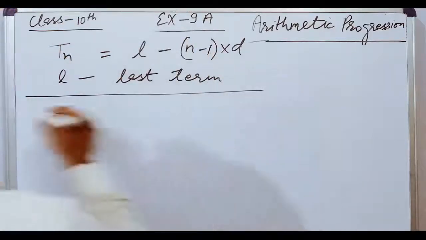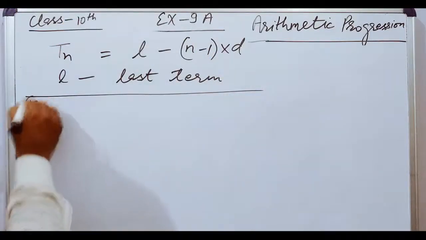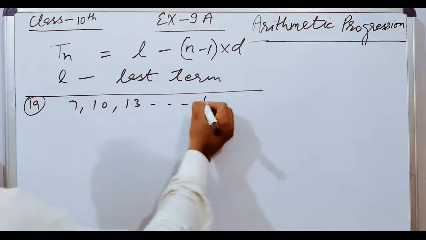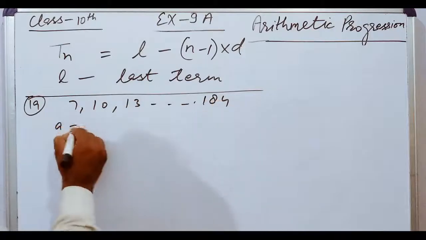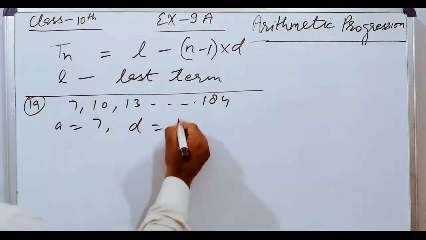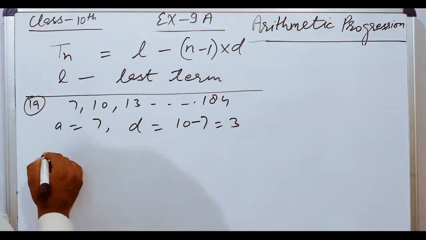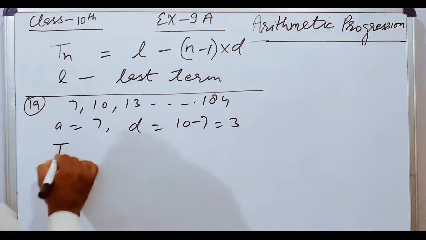A equal to 7, D equal to 10 minus 7 equal to 3.